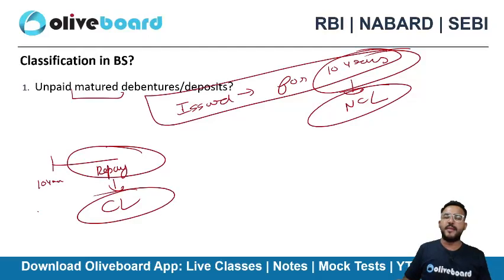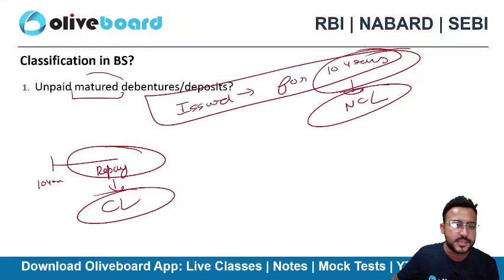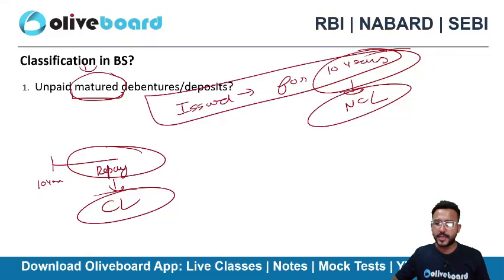So that is a current liability for me, because I need to repay them within 1 year. Maybe I need to repay them in the coming few days only, because they are already matured. So why classify them as a non-current liability? They are in a sense a current liability now, because they are matured. That's why I have inserted this word matured here, just to confuse you guys.